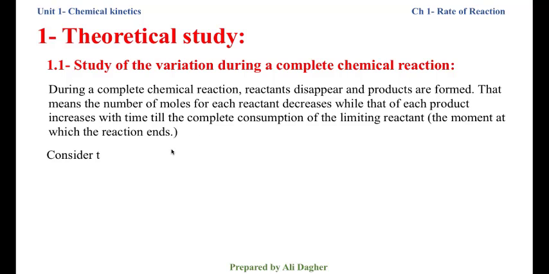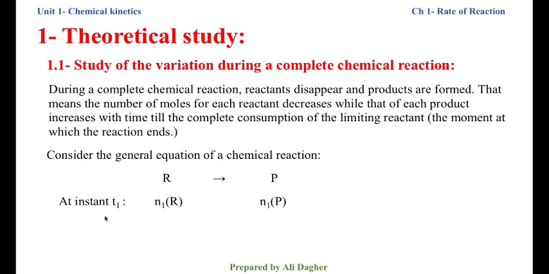Consider the general equation of a chemical reaction: reactants are transformed into products. At an instant T1, we have N1 moles of reactant and N1 moles of product. At instant T2, the number of moles of reactant becomes N2 and the number of moles of product becomes N2.